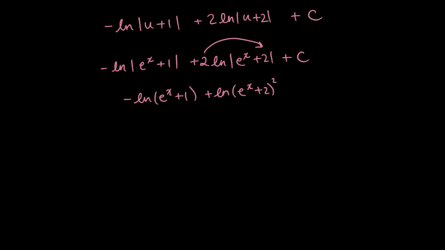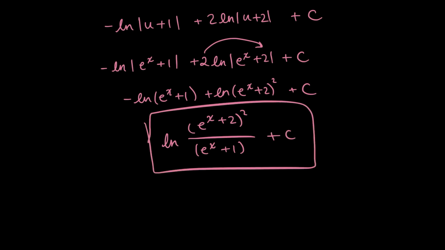And then using my other log rule, I can make this into a fraction because I have a negative over here, so it's like I'm subtracting, so then this term goes on top. So this becomes the natural log of e to the x plus 2 squared over e to the x plus 1 plus the arbitrary constant c. And that's it.